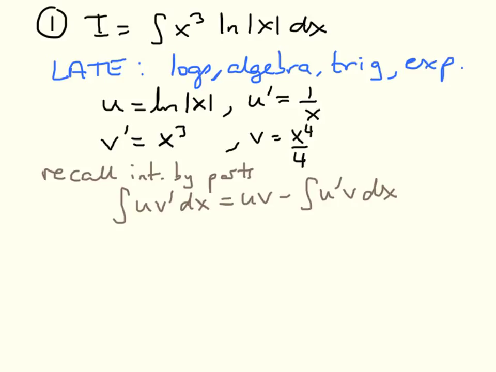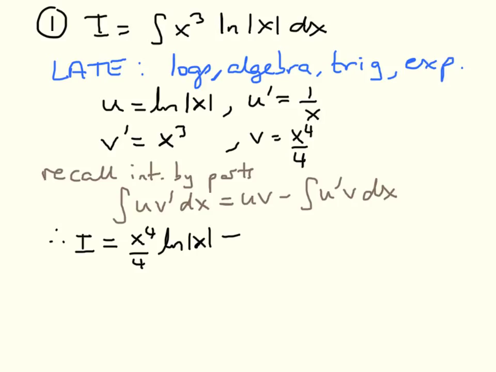So let's now do our integral. It tells us that I is u times v. u is here, v is here, so I is x to the 4th over 4 times the logarithm of x, because I think it's better to read, I've written the algebra in front of the log.